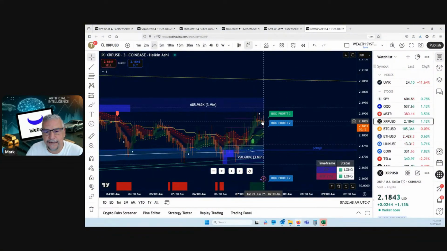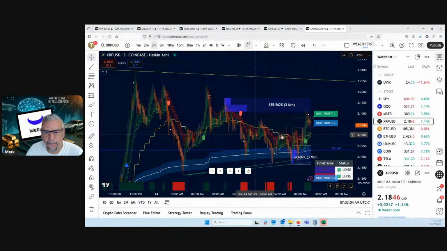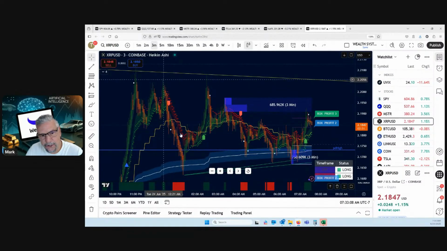We may come back and retest maybe the 218, 217 level, but we're not going to stay there long. It's just going to be a strong retest, maybe to about the 218, maybe the 217.5. But you can see there's just so much support at this level. We definitely have some consolidation going on here.